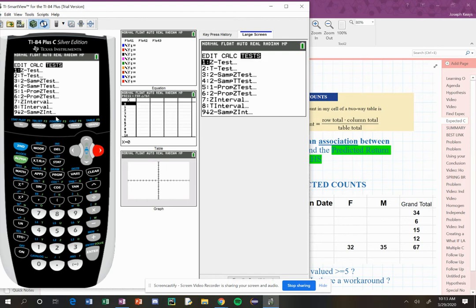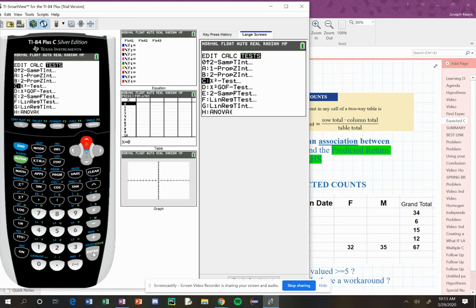And there are lots of different inference tests in here that we've been using all year. I scroll up, which goes down to the bottom and then goes up. I think that's the fastest way to find it. And it's just called chi-square test. Notice this is not a goodness of fit test. That's the first section. This is chi-square test. And we're going to use this procedure name for both the homogeneity test and the test for independence.